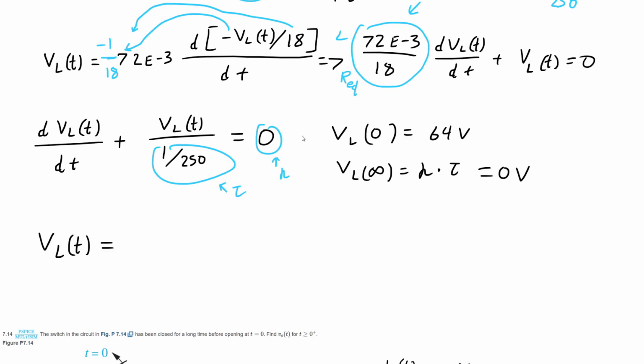So V infinity is 0, so 0 plus 64 minus 0 times e to the minus t over tau, so that's going to be 64 e to the minus 250t volts.